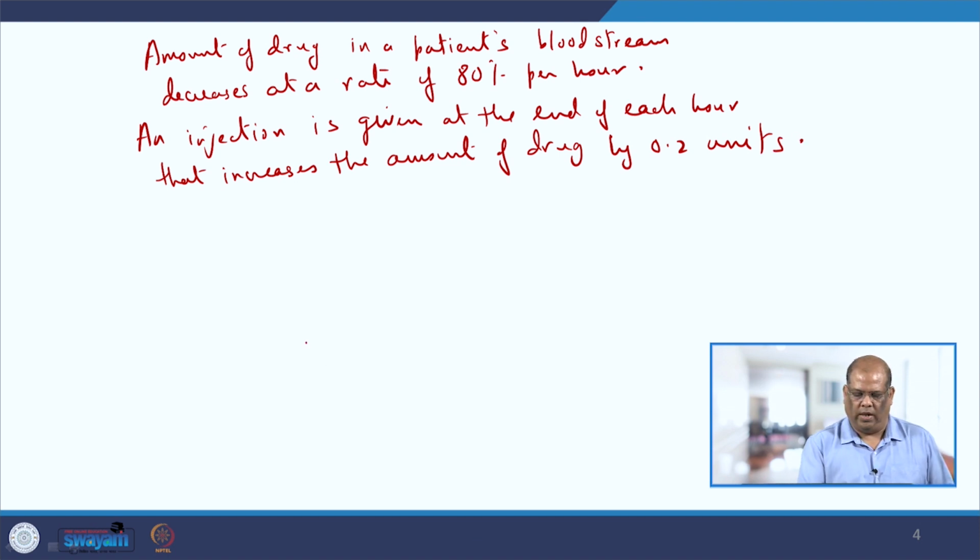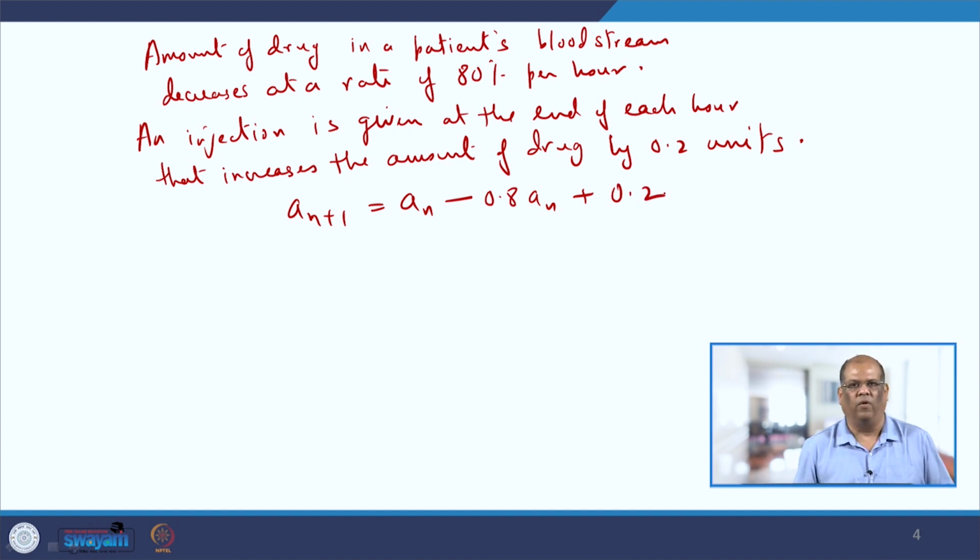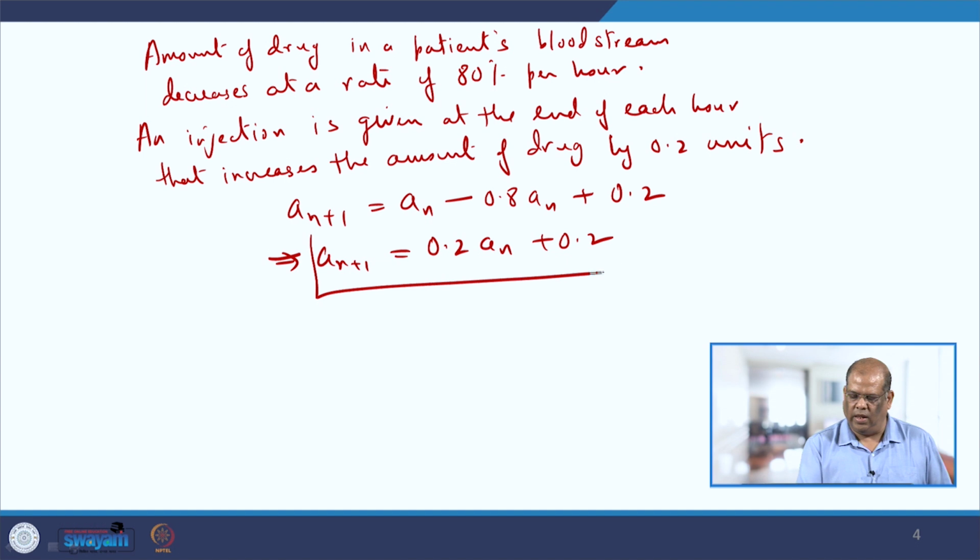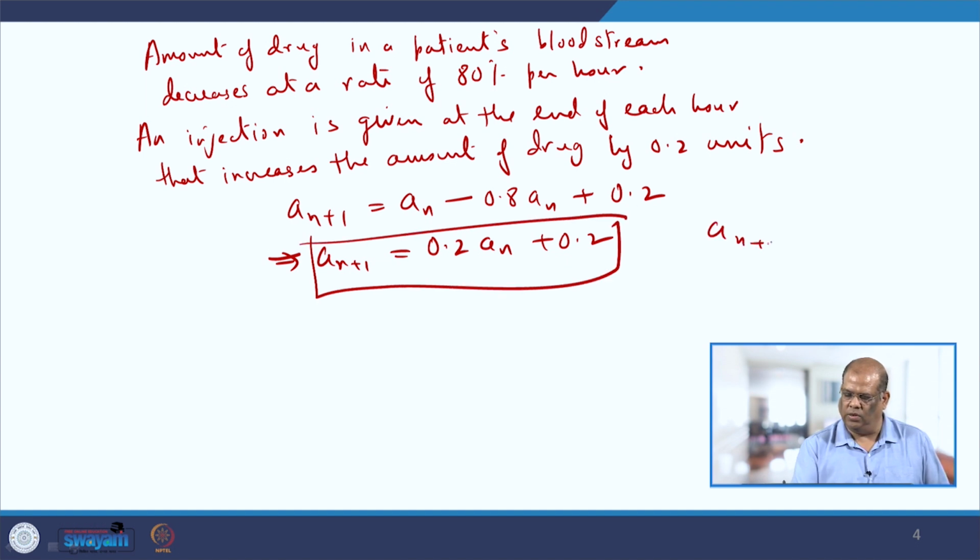So, if you want to model this, A n plus 1 will be A n, where the drug is decreased by 80%, so 0.2 A n, plus 0.2 units of the drug added to the patient in the form of injection. So, if I simplify, I will see 0.2 A n plus 0.2. The previous model was in this form, that is A n plus 1 equals R times A n plus some p.